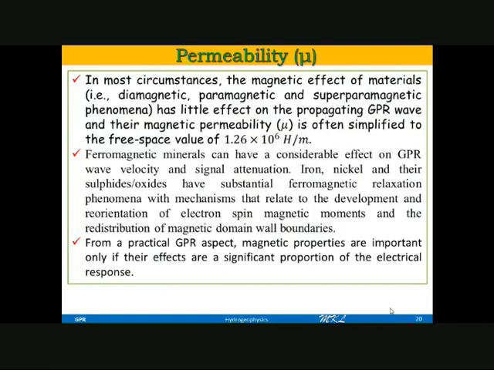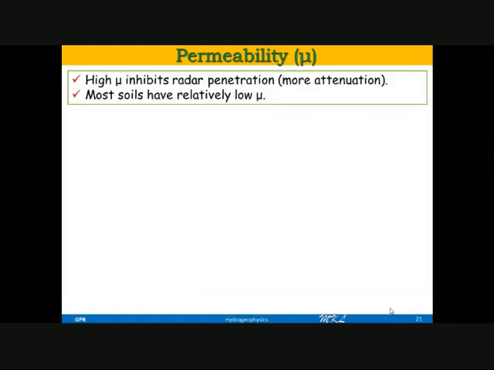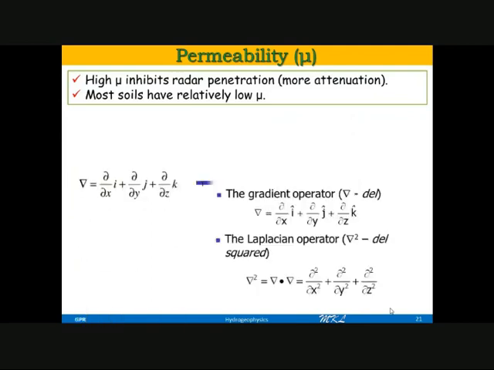So that's why we don't consider the permeability part. High permeability basically inhibits radar penetration, and most soils have relatively low permeability. And for your understanding, this is the del operator, the gradient operator, because this will be required in the next slide. So try to write this down.